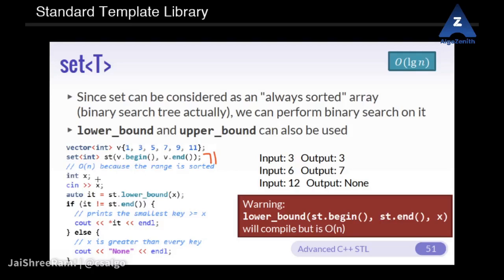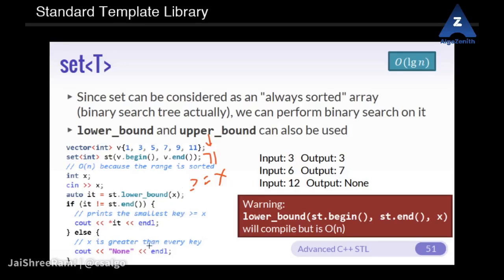Okay, and then if you take x as input and do a lower bound in the set, you will find the first element that is greater than or equal to x, right? So if it's not end, if it's not the last element outside the set, that means there exists some element which is greater than or equal to x. You can print that, or else you will have no element, right?